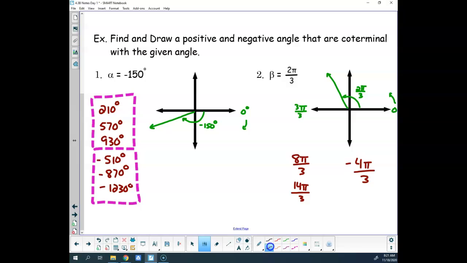Radian is actually easier. Because what's 2 pi over 3? What am I really adding each time, or subtracting each time? 6 pi over 3. Yep. So I just have to add 6 to the 2, or subtract 6 from the 2.